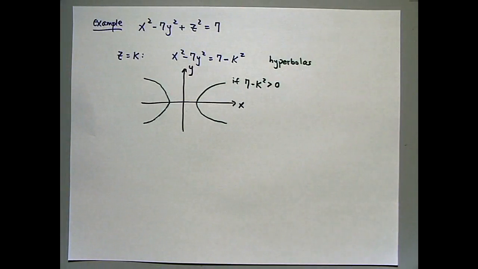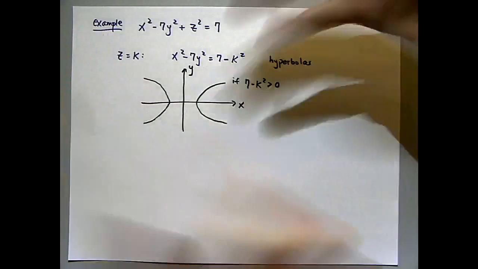But now notice that if we keep changing k, and 7 minus k squared turns out to be negative, then what happens? Yeah, these will get rotated, right?